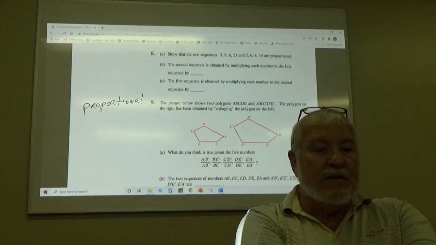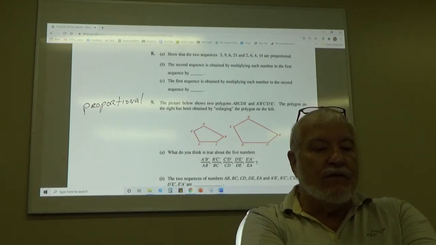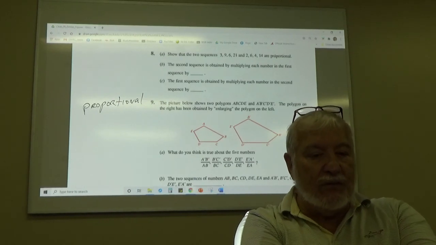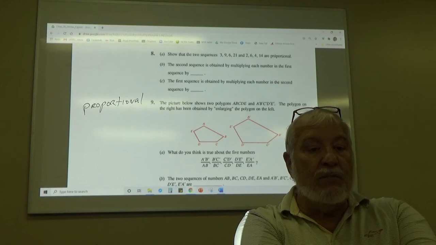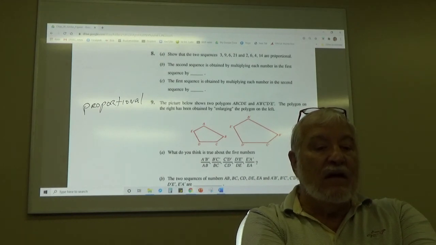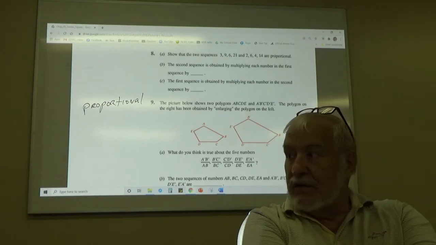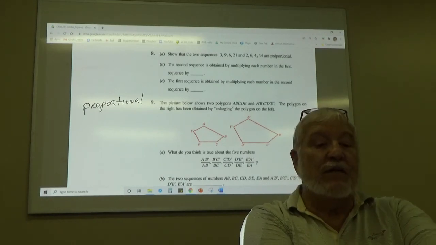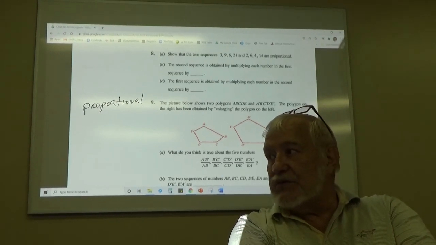Okay? Now, the second sequence is obtained by multiplying each number of the first sequence by what value? That's what you just told me. What do you multiply the first by in order to get the second? Okay, now here's something. When you do proportions, the starting number is on the bottom.